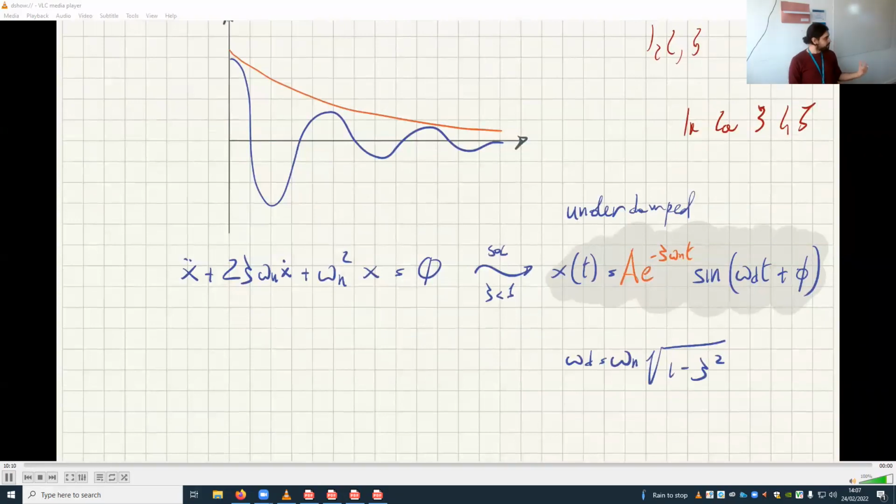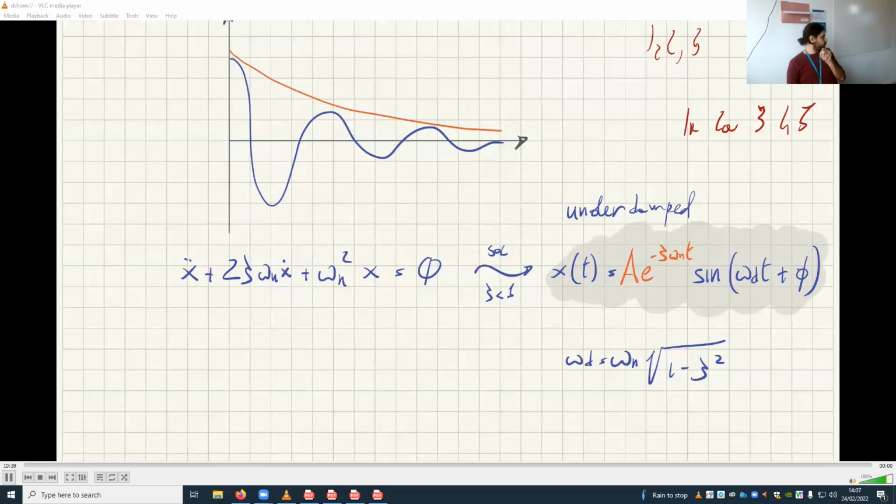So as you can see, if you have damping, a system doesn't vibrate freely at the natural frequency of the system. It vibrates at a different frequency, which is very close, because the square root of 1 minus zeta squared is almost 1, but it's not exactly 1. That means that when you measure anything, when you count the period, you are observing omega d.